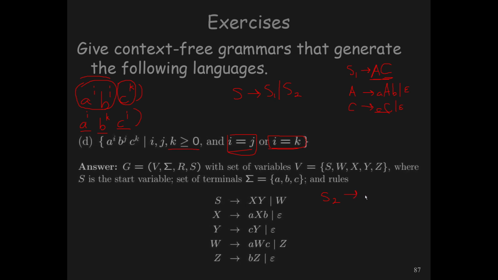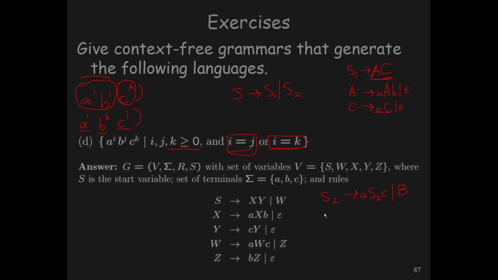You can directly say S2 produces A S2 C, and you can repeat this multiple times. So A S2 C, AA S2 CC, and so on. Okay? Eventually, you're going to stop and move on to the next phase, which is generating the B's. And the number of B's is completely separate from the number of A's and C's.